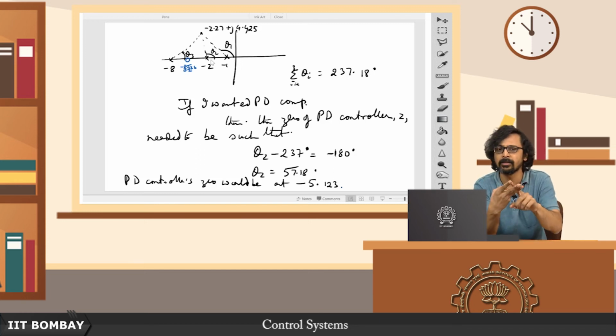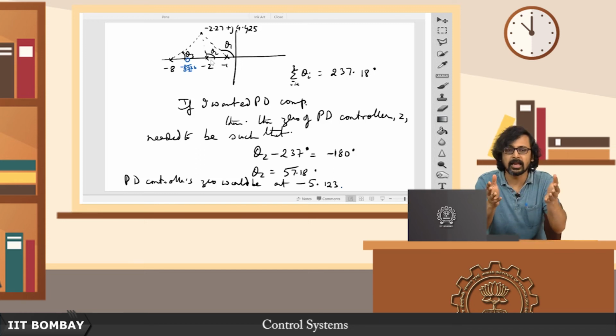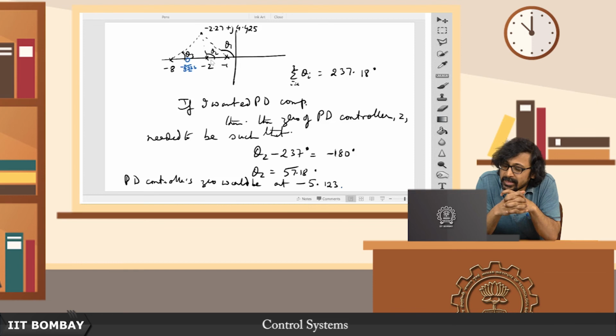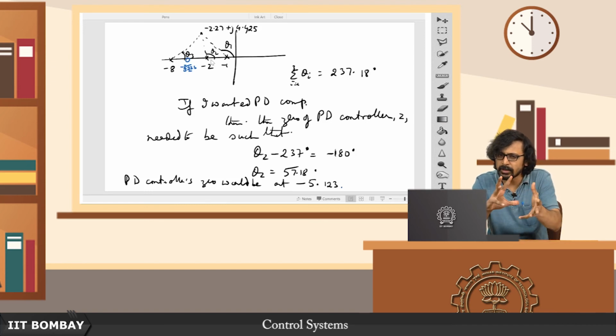Because now I have only 3 parameters, but if I don't cancel it out, then I will have 5 parameters, 4 poles and 1 zero. It might be very tempting to do that, but remember, tempting as it might sound, it might not always lead to the best compensator design. It might work in some cases, I agree, and that's why this controller design is a bit of an art.